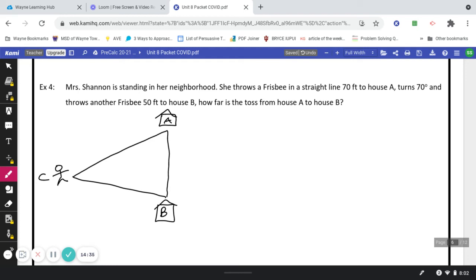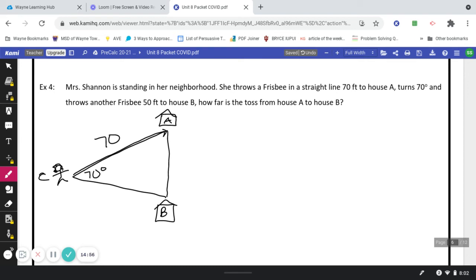All right, now let's draw this out. She throws a Frisbee in a straight line 70 feet to house A. So here I am. I'll give myself a little bit of hair there. I throw the Frisbee this direction, 70 feet. So that's going to be a side. Then I turn 70 degrees. So the house can't turn, but I can turn.